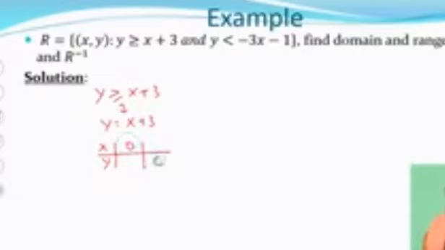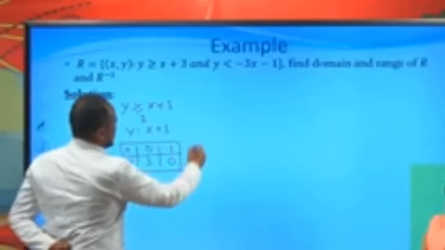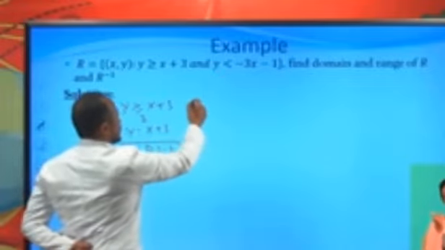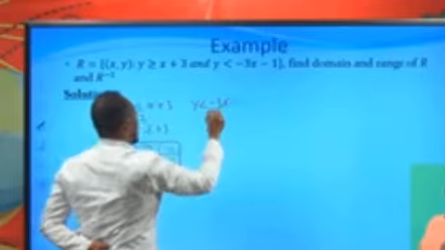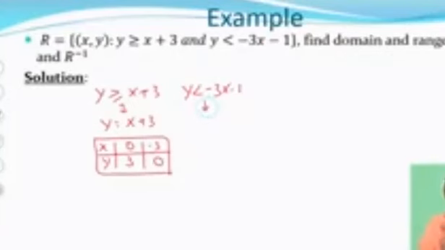Take only the intercepts. When x is 0, 0 plus 3 is 3. And when y is 0, x will be negative 3. And the other line, y is less than minus 3x minus 1. Converting this into an equation, y equals minus 3x minus 1.